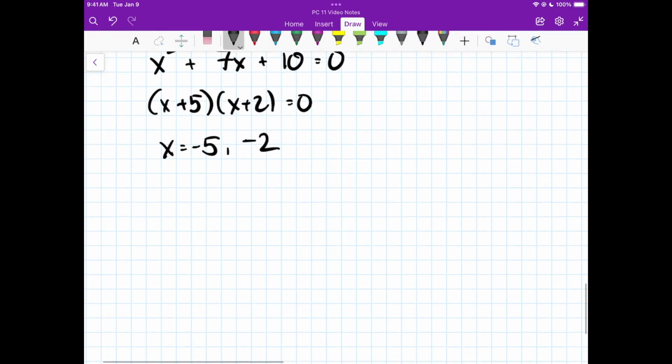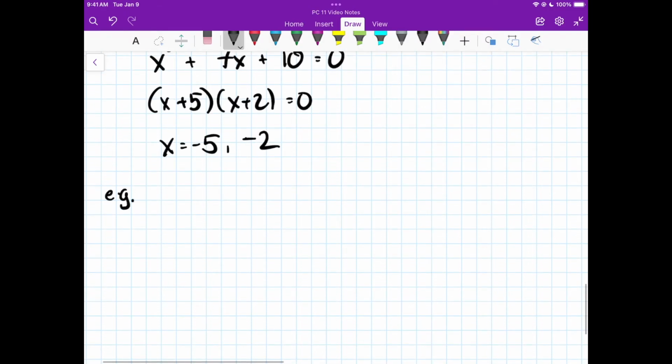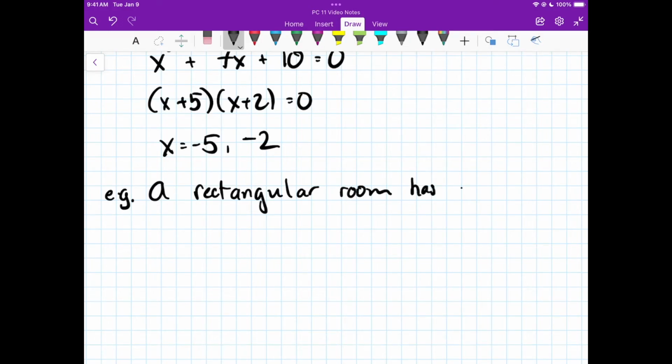Okay. Trying an application question now. So let's say we've got a rectangular room. And that room has an area of 40 square meters.